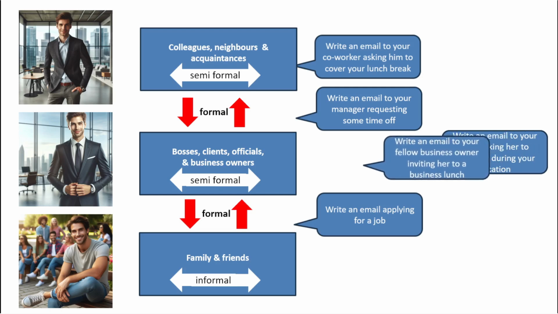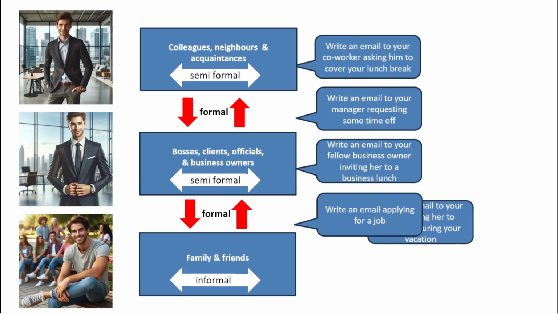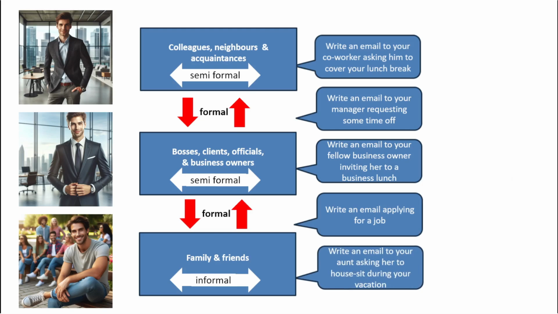So that also would be semi-formal. And finally, write an email to your aunt. Now I'm writing to a person who's in the friends and family box, somebody that I know really well. And so that would be informal.